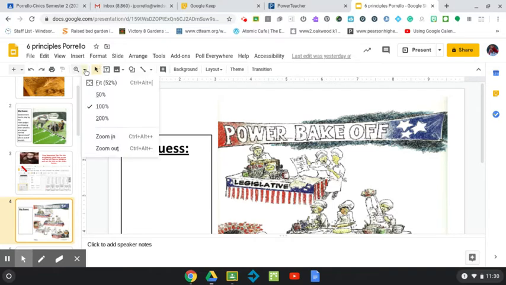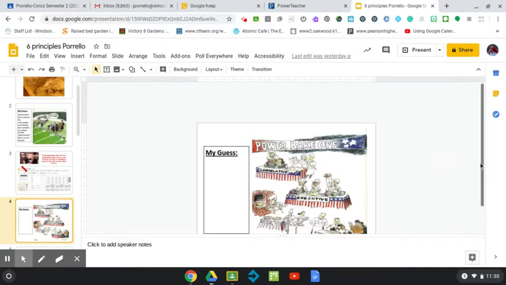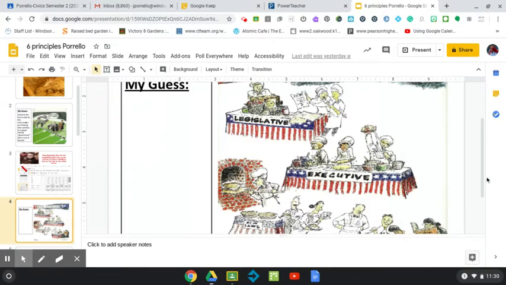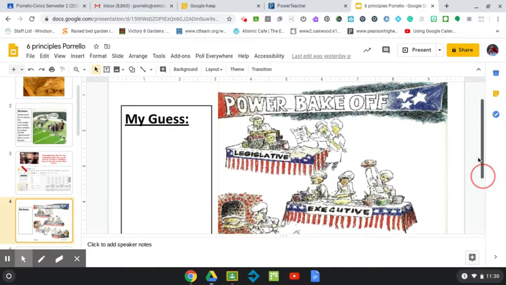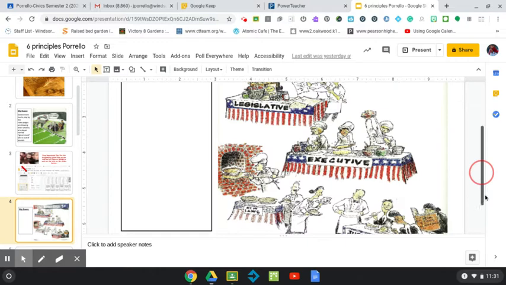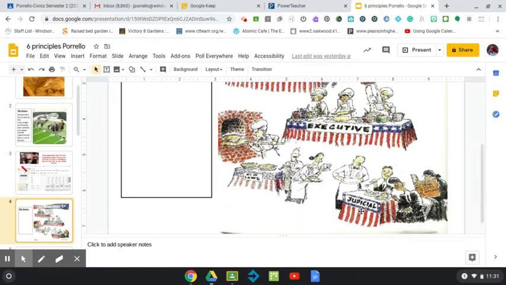Make your guesses, but you can see here we have a picture of three different sets of chefs. They're all doing a bake off, and each group of chefs has a name. We have legislative, executive, and judicial.